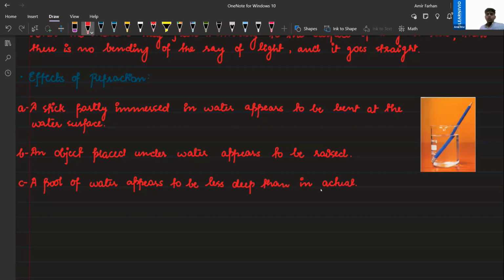So these are some effects of refraction that we see in our day-to-day life. Please note it down. After that, we'll do some questions based on refraction.